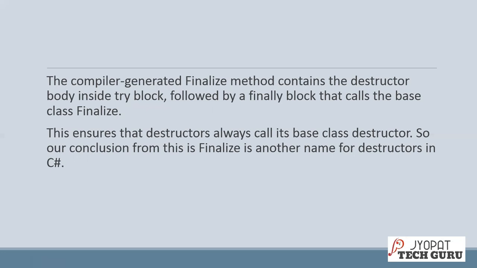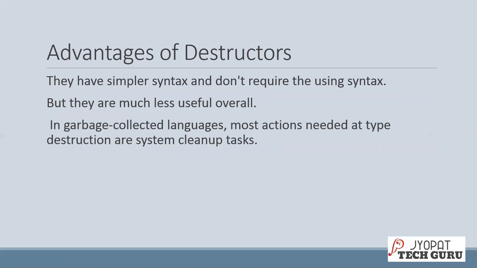I have already shown you in the ILDasm tool where it was showing the destructor as the Finalize method. This ensures that a destructor always calls its base class destructor. So Finalize is another name for destructors in C#. Whenever you create destructors within your program, they are going to be represented as a Finalize method.